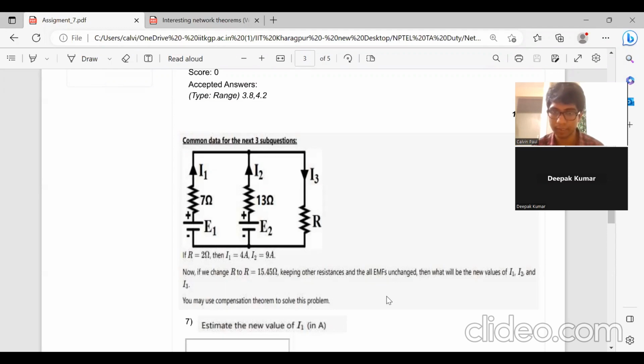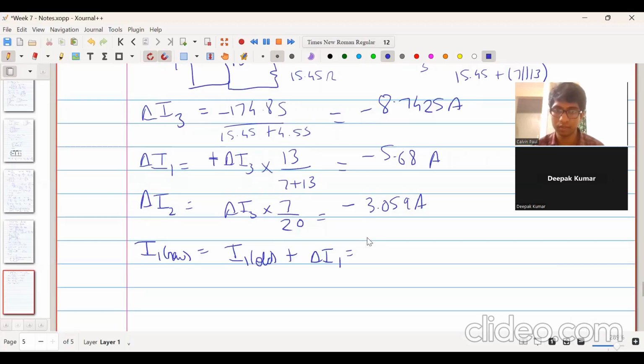So 4 plus delta I1, which is minus 5.68. So 4 minus 5.68 is minus 1.68 ampere.